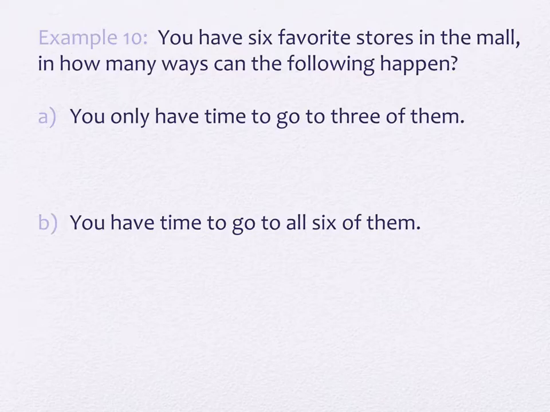The first one, part A, says you have time to go to only 3 of them. So when you're going to them, you have to choose where you go first. The first place you have how many choices? 6. And then our second location, we would have how many choices? 5, because we wouldn't go to the same store again, because that wouldn't make sense, right?